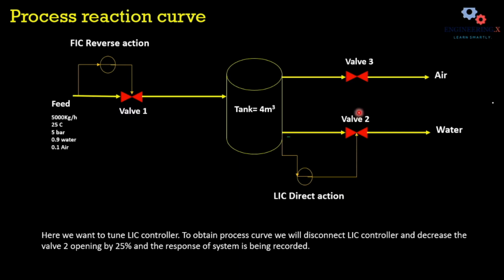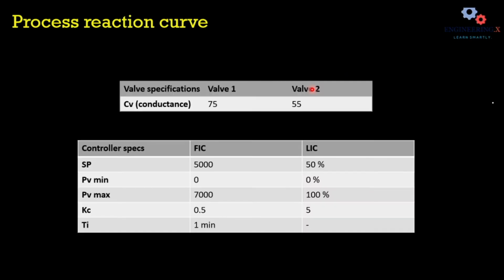Obviously, when we close the valve by 25%, the level inside the tank will increase. And these are the parameters that we have to use when we build the dynamic simulation. I will discuss it when we build it, and these are the parameters that we are going to tune for the LIC controller.